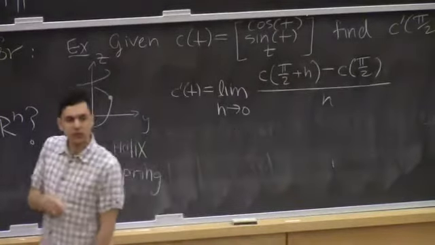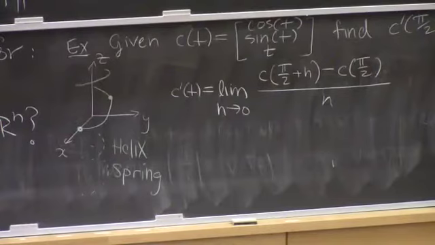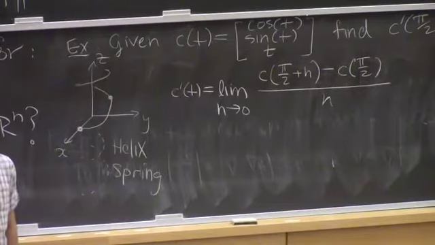The first thing to check is, is this formula well defined? Can I actually do this with C of t? Is C of t the kind of thing that I can multiply and divide?